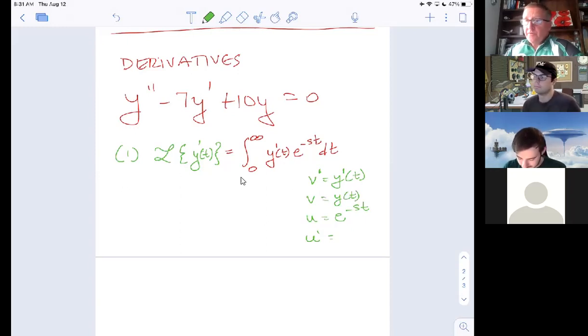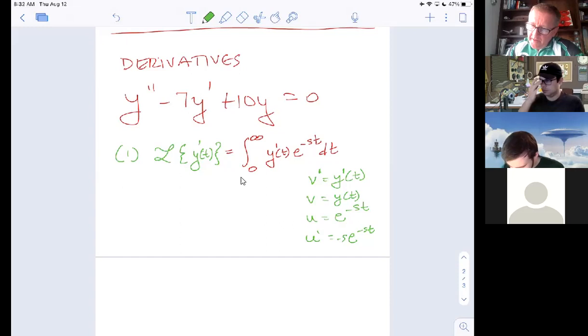Now, I still don't know what that is, so it's not like I can take the integral of it. So in one sense, you should say this isn't going anywhere. I'll rewrite it in a second and show you what I mean by that. And then of course, if e to the junk, I'm taking its derivative, then it's e to the junk. And then we take the derivative of negative st with respect to t, which means that's negative s. And so isn't that our ingredients? So then we say, all right, this is too hard for us.